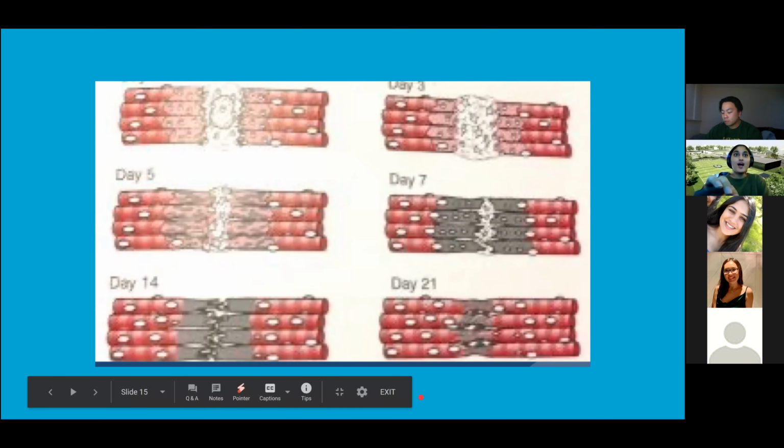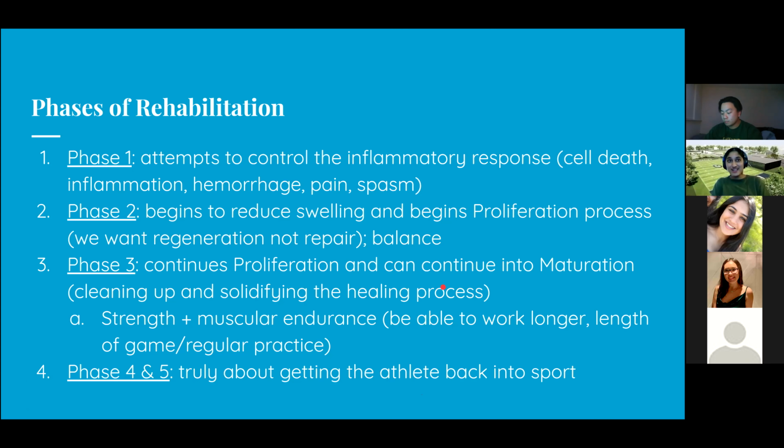Okay, so now that we've covered the basics of tissue response, we can talk about developing rehabilitation programs. How we have designed our rehab program, at least at Davis, for the athletes is that we take a look at the tissue response, what's going on, and these phases address different parts of that tissue response to help each phase do the best it can.